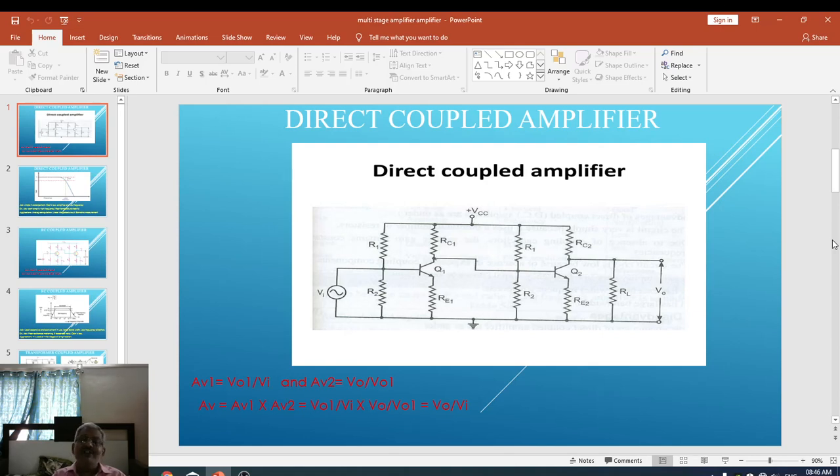As we have studied, there are types of amplifiers: one is a direct coupled amplifier, second is a resistance capacitor coupled amplifier, third is a transformer coupled amplifier, and the last one is an impedance coupled amplifier. We have studied all these aspects the last time.